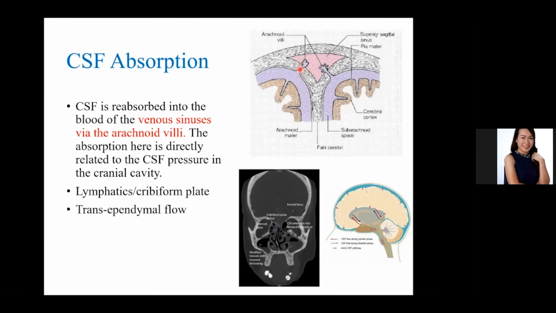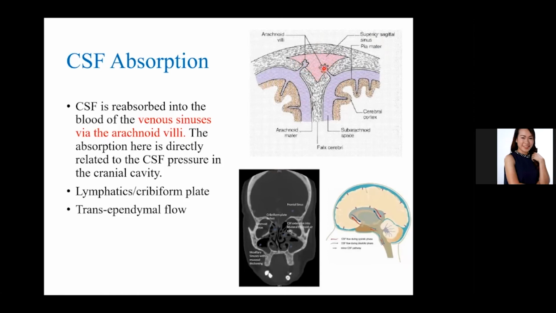The arachnoid villi reside within the sinuses, especially our superior sagittal sinus. Here you can see your arachnoid villi penetrating the meningeal layer, and then they reside in the superior sagittal sinus or other dural sinuses.